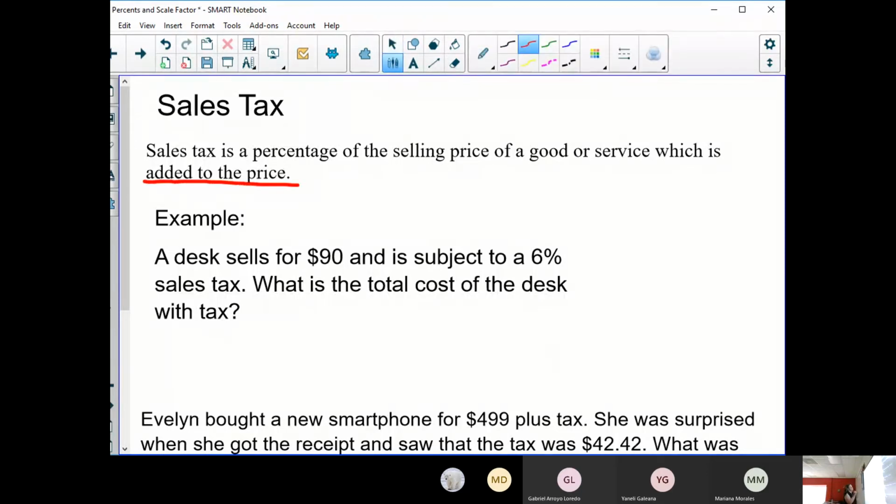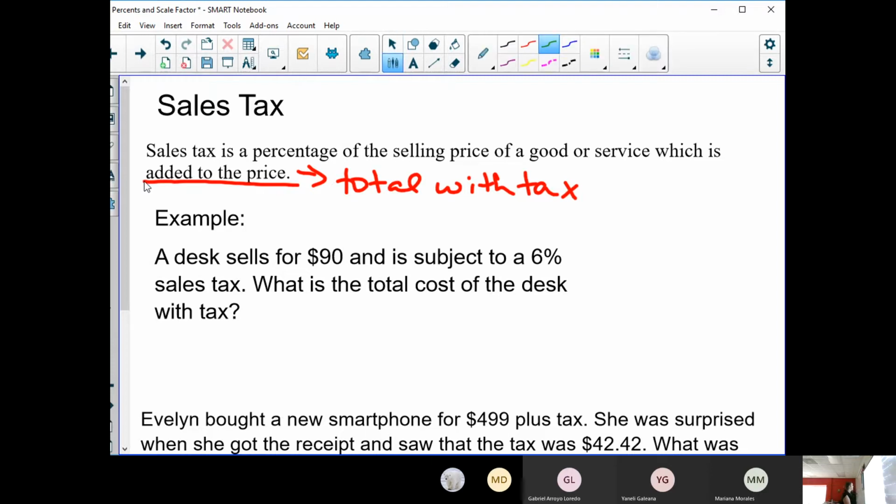So we need to make sure that when we are working with sales tax problems, we know exactly what the question is asking, because it may just ask, what is the sales tax? Or it may ask, what is the total with tax? If it is the total with tax, we are going to add it to the cost, okay? So adding to the price, we're going to look for things like total with tax.